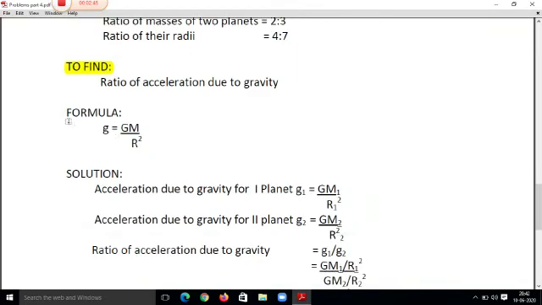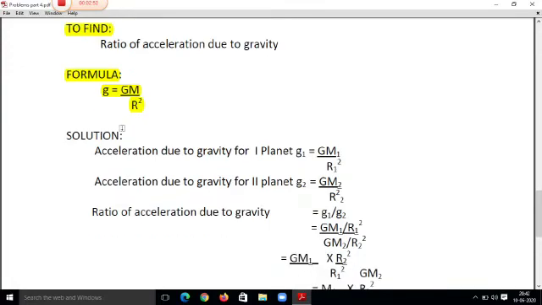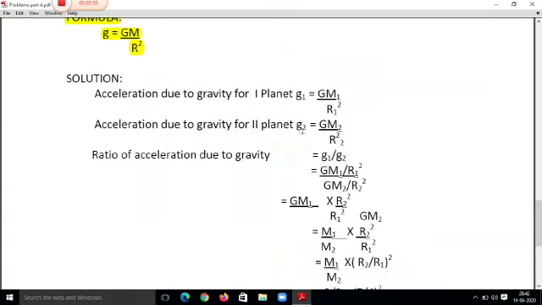Formula: small g is equal to GM by r squared. Solution: acceleration due to gravity for the first planet g1 is equal to GM1 by r1 squared. Acceleration due to gravity for the second planet g2 is equal to GM2 by r2 squared.